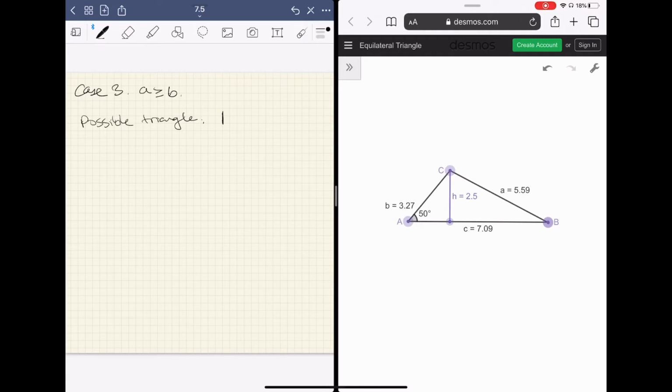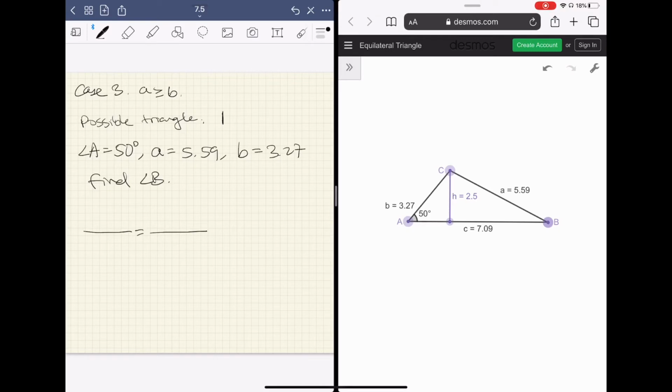So in this case, the example will be: given angle A is 50 degrees, side A is equal to 5.59 and side B is equal to 3.27. The question will ask you to find angle B. So how do we write the equation?